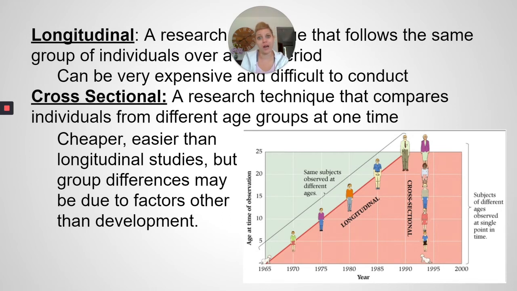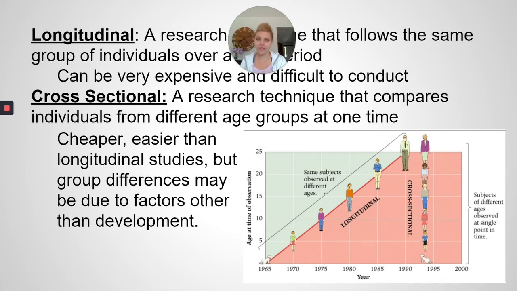You have people who die early, right? Accidents, things like that. So you're going to start with a whole lot of people in your longitudinal study, and you can expect that not all of them will complete your longitudinal study, and that can potentially change the data that you have gathered in your longitudinal study.